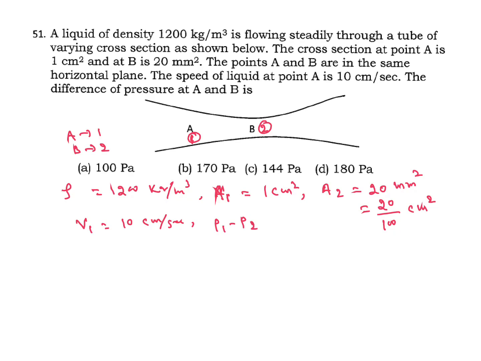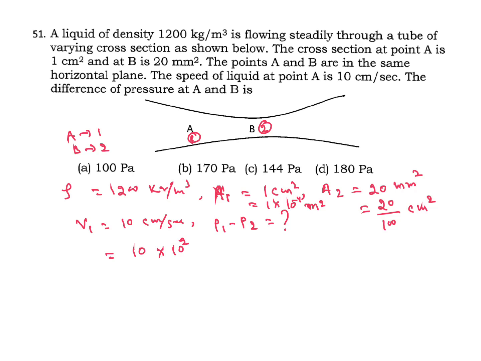We have to calculate P1 minus P2. Options are in Newton per meter square, so all units we have to take in meter square. So convert this: 1 into 10 to the power minus 4 meter square, and here 10 into 10 to the power minus 1, 10 into 100, 10 by 100 meter per second.